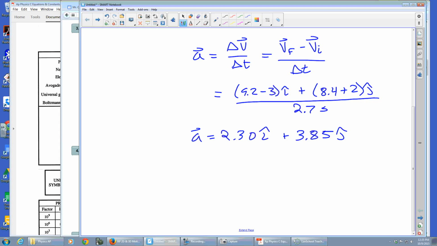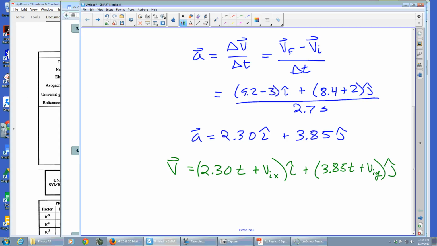The antiderivative of a is v, and that will be 2.30 t in the i direction plus the initial x in the i direction, plus 3.85 t plus the initial y in the j direction.